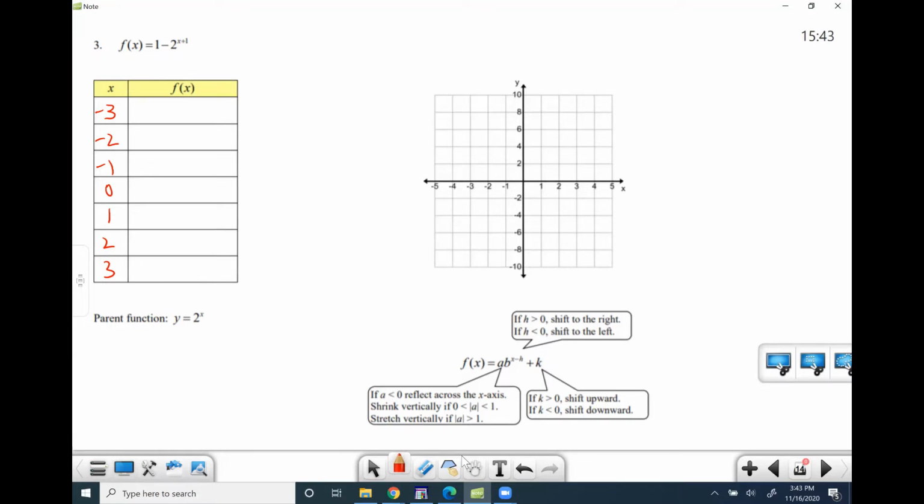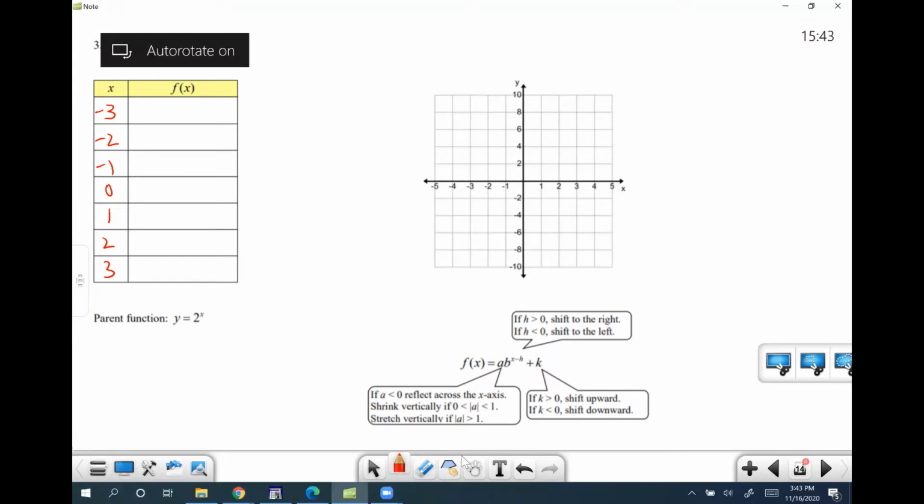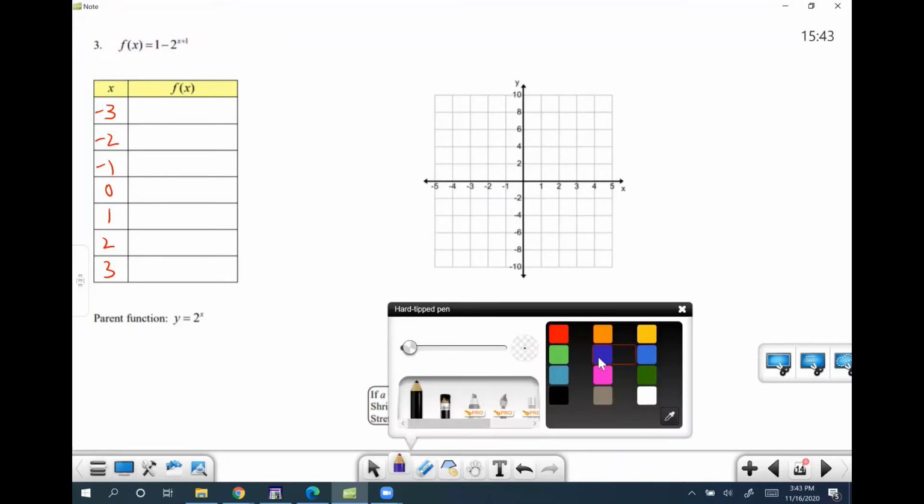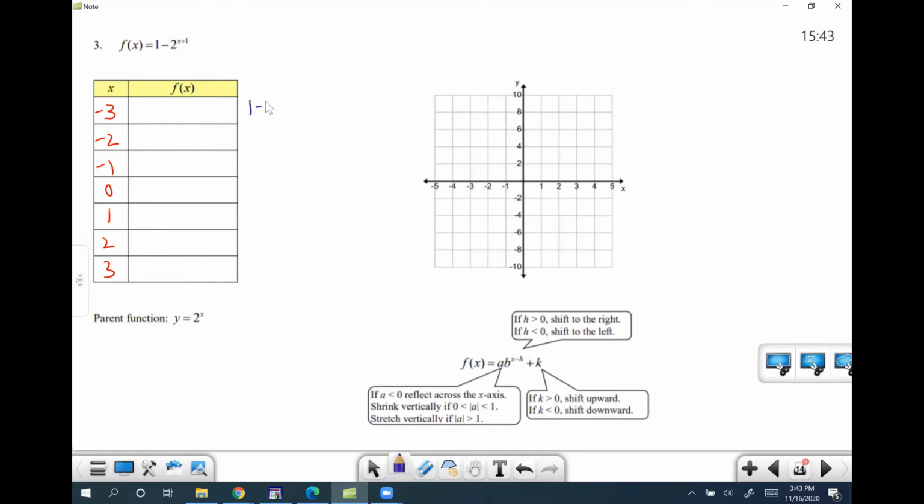Okay. So we are going to go ahead and do the math here. We're going to substitute in -3 and see what happens. -3 plus 1 is going to get us -2. And we just got done saying that raising that to the -2 power means really 1/2 to the +2 power.